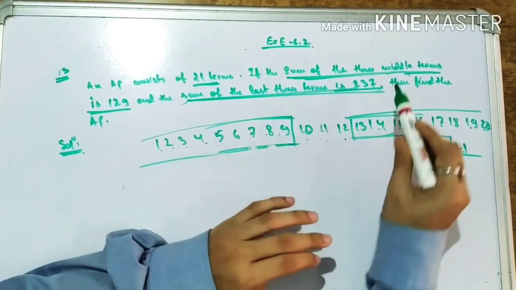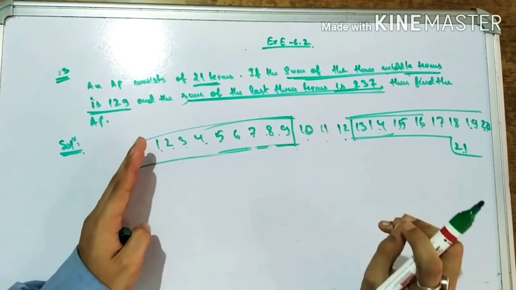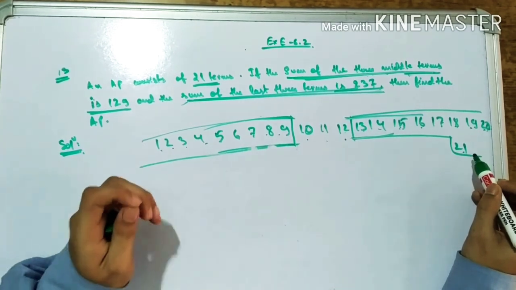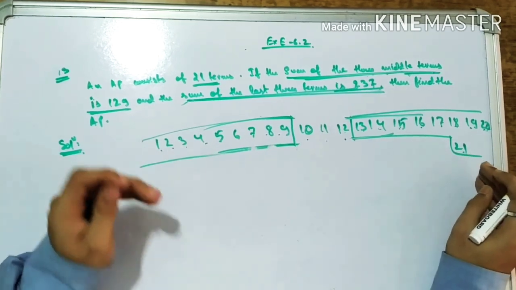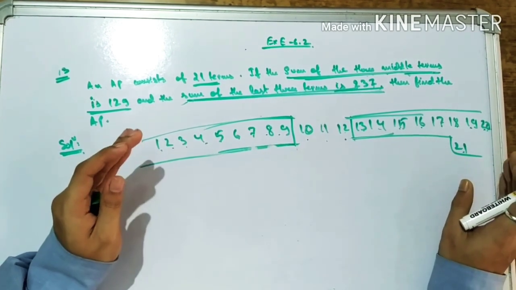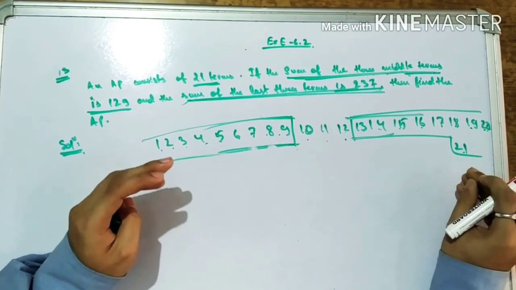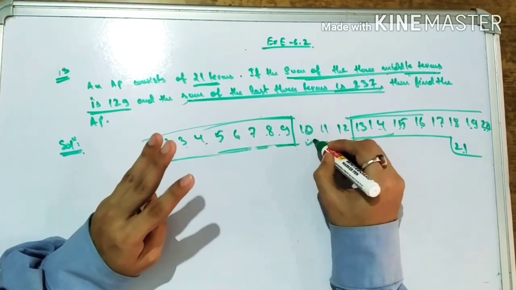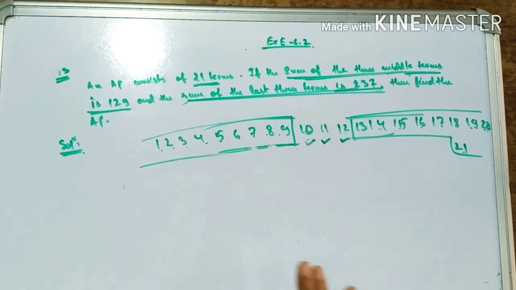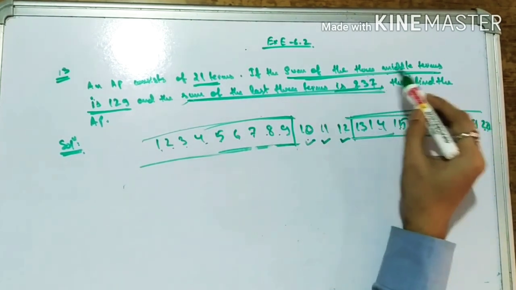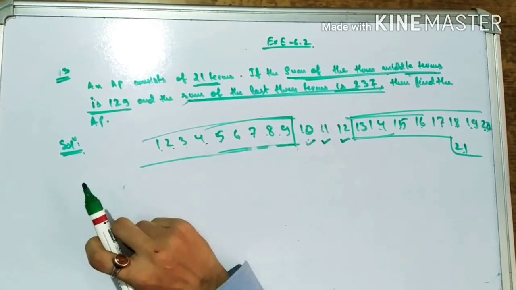So the three middle terms of the AP that has got 21 terms: that means in the AP 21 terms are there, and the three middle terms will be the 10th term, the 11th term, and the 12th term. Understand? The 10th, 11th and 12th terms will be the three middle terms of the AP that has got total 21 terms. Understand?